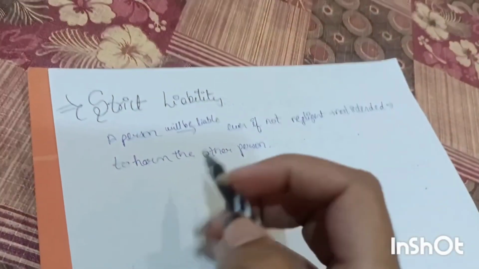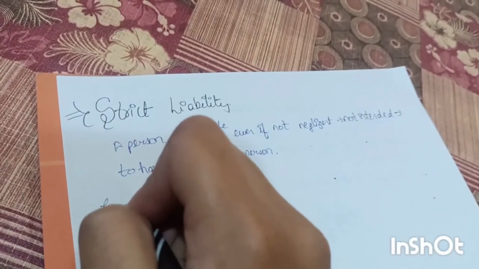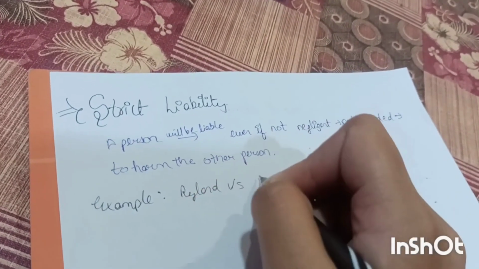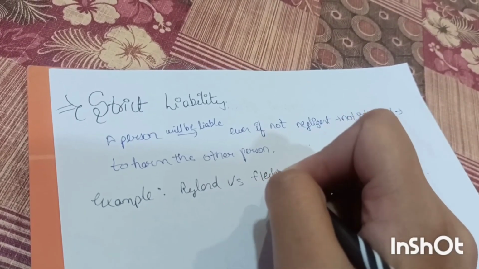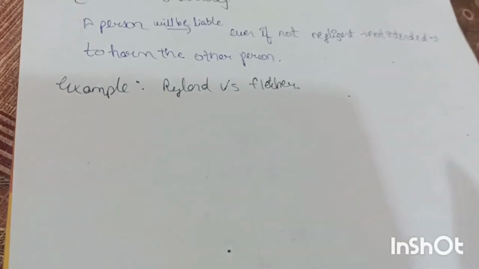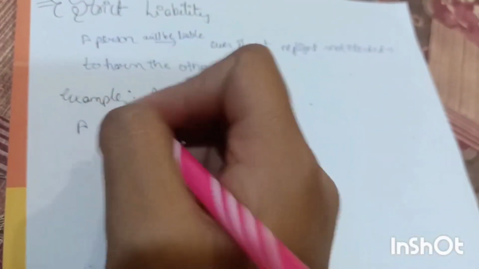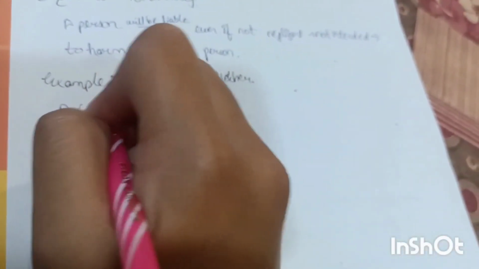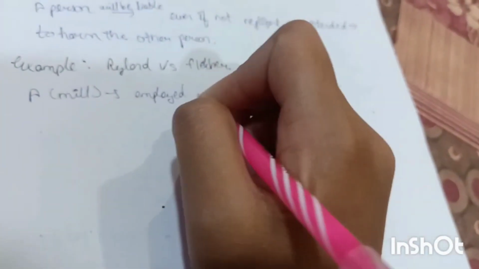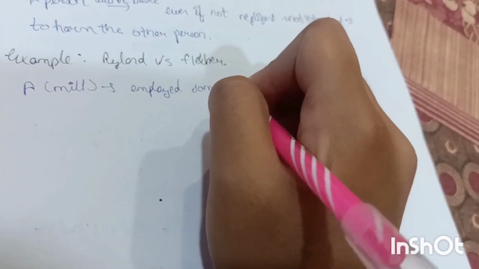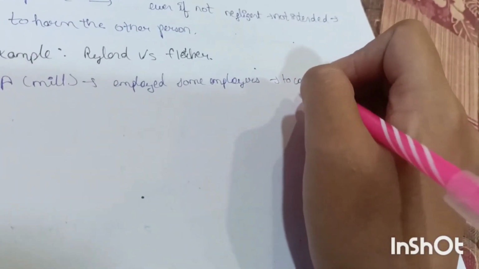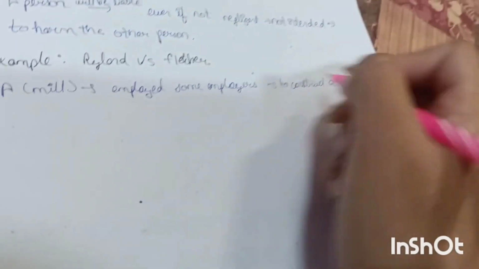Now let's understand this through a case, that is Rylands versus Fletcher. In this case, a person A opens up a mill and employed some employees to construct a reservoir.